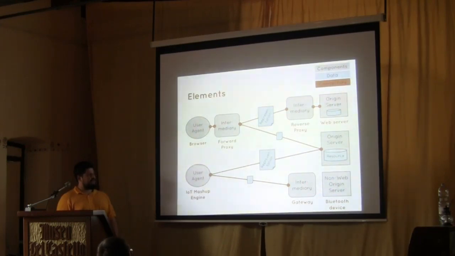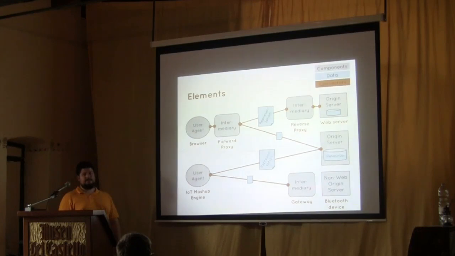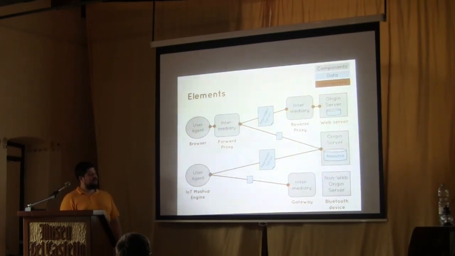You can even have non-web technology in there and use gateways. For instance, you can have your Bluetooth device with some custom implementation, and then your gateway actually implements HTTP and hides what's going on behind it.